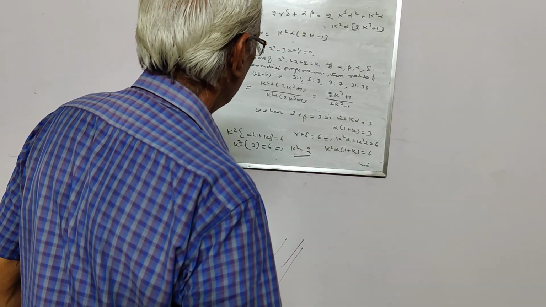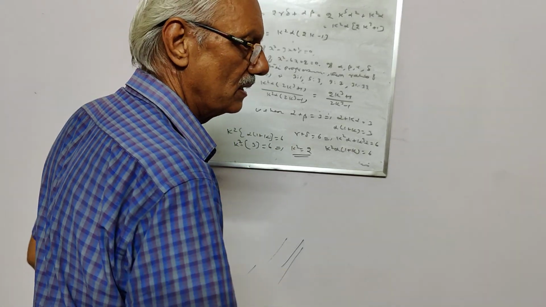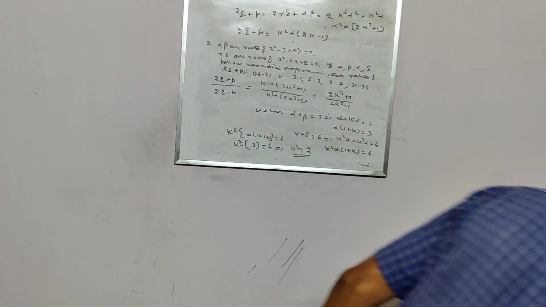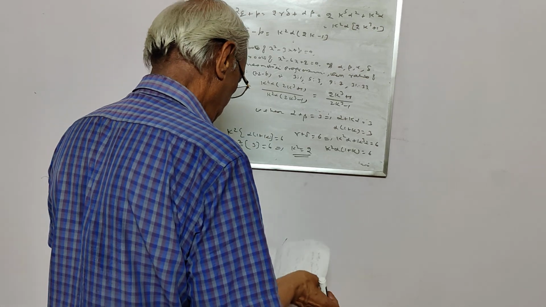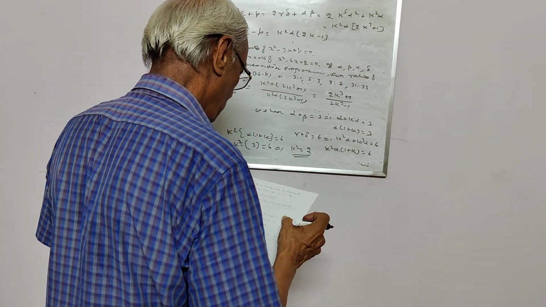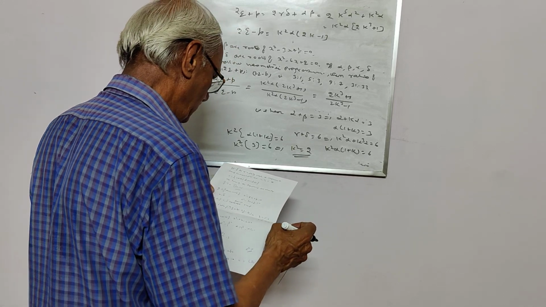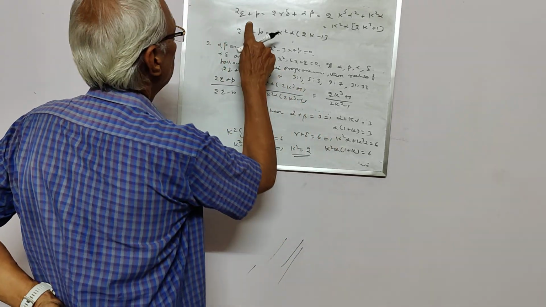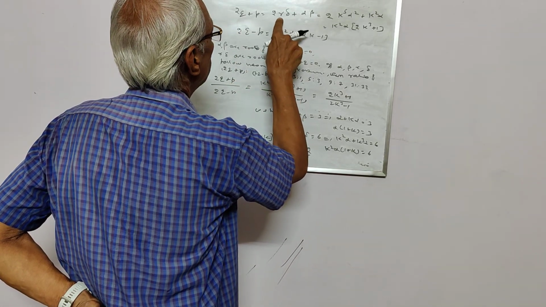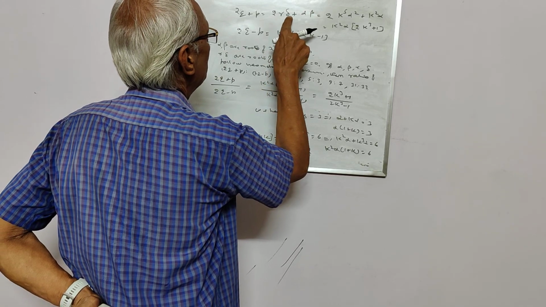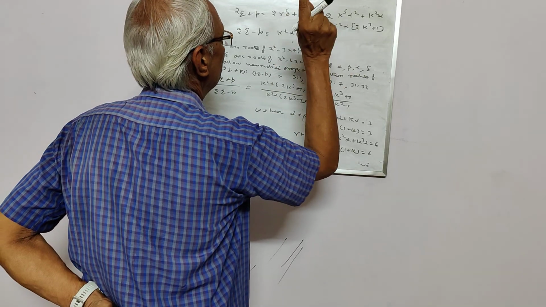Now, here I think I have committed a mistake. You have to prove that 2q plus p over 2q minus p. Here it is 2k squared, k cubed, k to the power of 5. Here alpha into alpha is alpha squared.